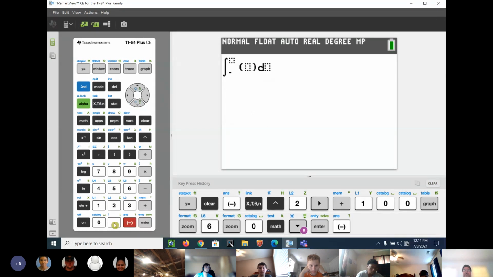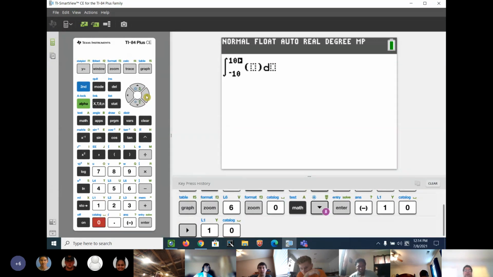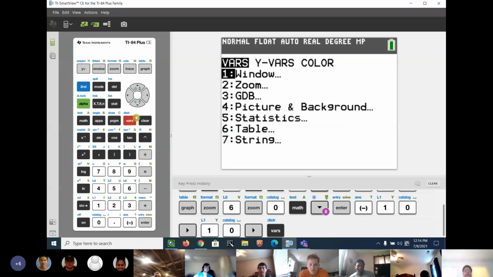I'm not going to retype all that in. I'm going to hit vars, go to function and hit Y1 because I already typed it in the Y1 graphing function. And then dx. Look there, it's a miracle.